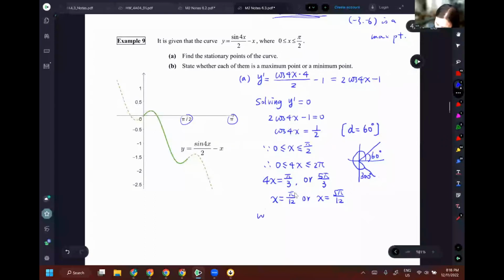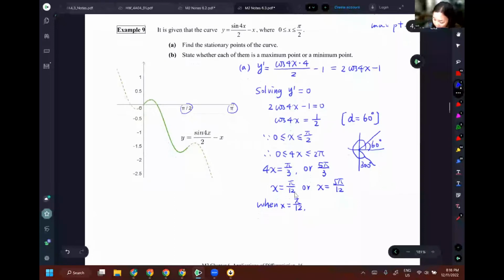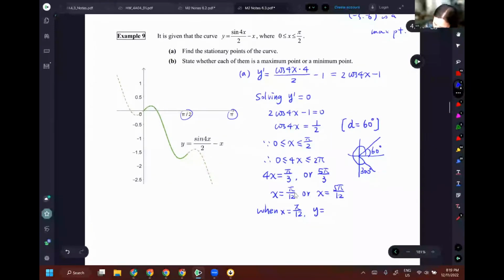So, when x equals pi over 12, find the value of y. y equals sine pi over 3 divided by 2 minus pi over 12, which is root 3 over 4 minus pi over 12.